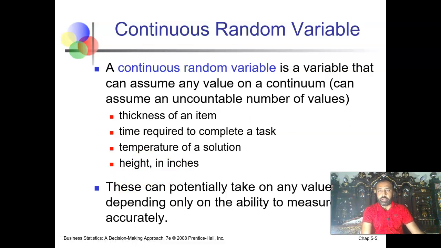So, depending upon the accuracy of the measure used, all these variables can have any values on a continuum. Or you can remember that a variable which can take a value in decimal is called a continuous random variable, and a variable which does not take a value in decimal is called a discrete variable.